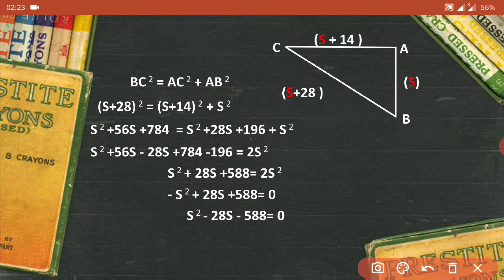After cancelling and adding, what you will get is S square plus 28S plus 588 is equal to 2S square. So I'll get 2S square on the other side, so it'll become negative, and finally we'll get minus S square plus 28S plus 588.